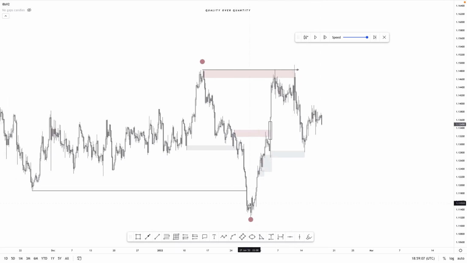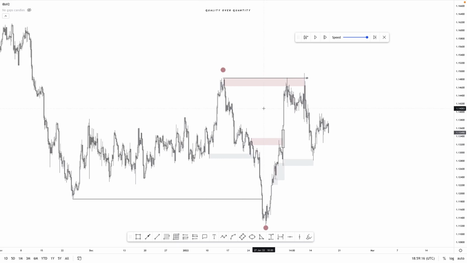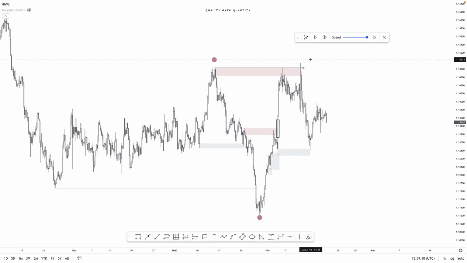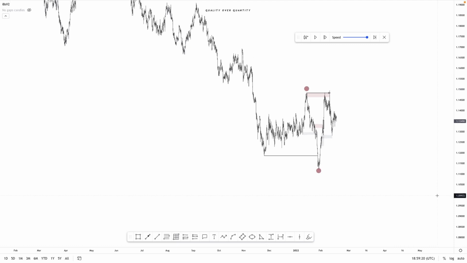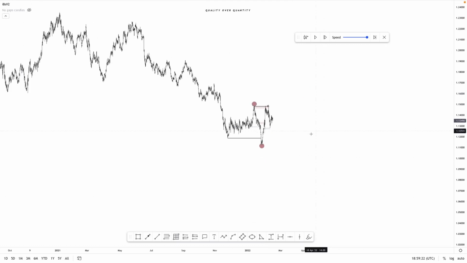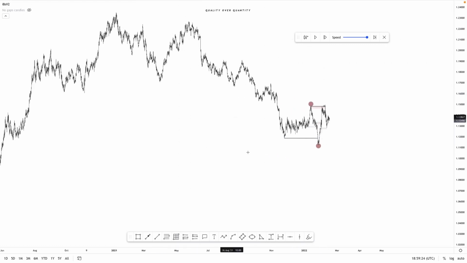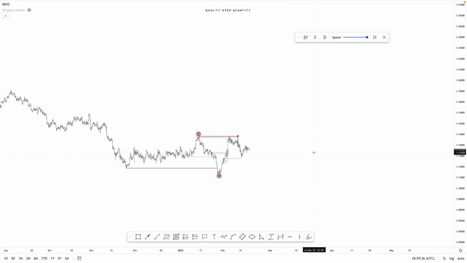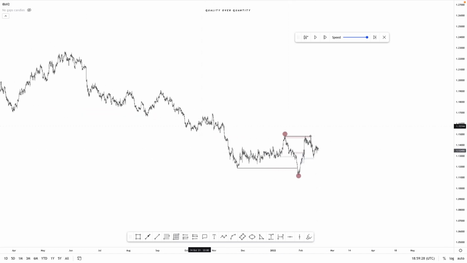But at the same time, we had a massive V-shaped recovery, and we invalidated a bunch of levels of supply, and so that could be a good indication that demand is taking control of the market and that we could potentially see higher prices. Especially if we consider that we are very low in this weekly leg, and that there are still unmitigated zones here.